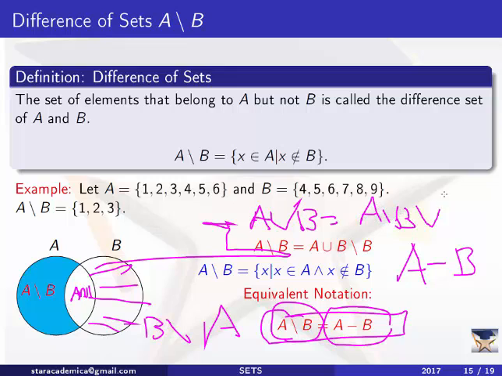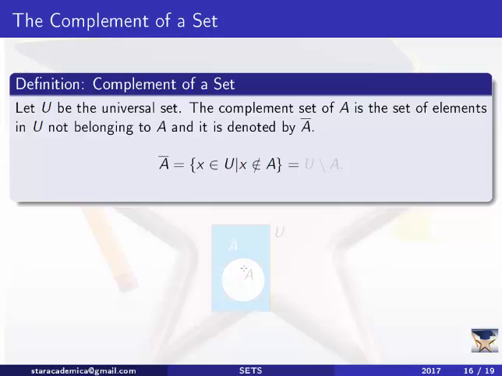A minus B union A intersect B union B minus A. So A union B has 3 parts: this part, A intersect B, and B minus A. So there are many ways of representing what we have seen before.